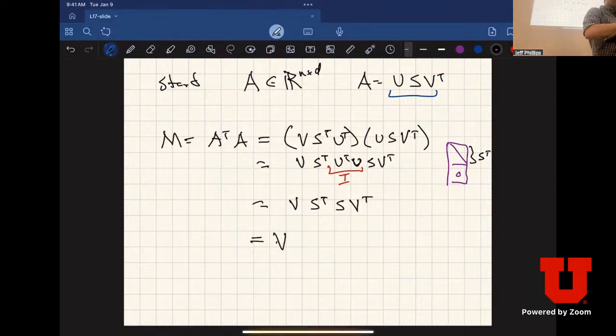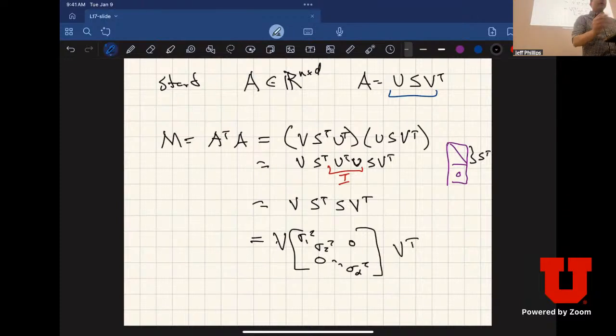So I'm getting V here, sigma 1 squared, sigma 2 squared, up to sigma D squared, V transpose here. Okay, now V is an orthogonal matrix, so its columns are orthogonal, D by D.